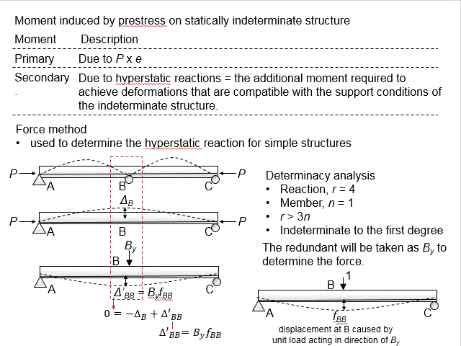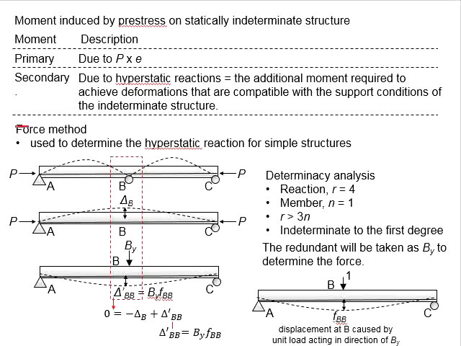With the existence of this redundant or indeterminacy, you cannot use the equations of static equilibrium to solve directly. In order to solve the member, you will need to use the force method to reduce the indeterminacy until the structure is determinate. Then you can solve the member with the equations of static equilibrium.